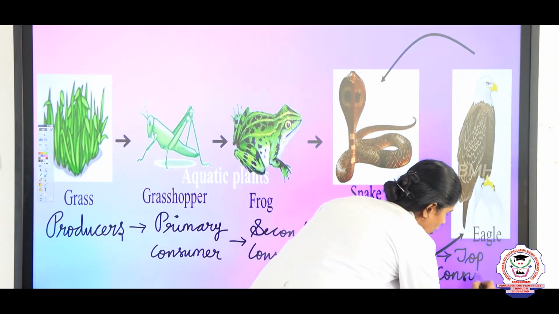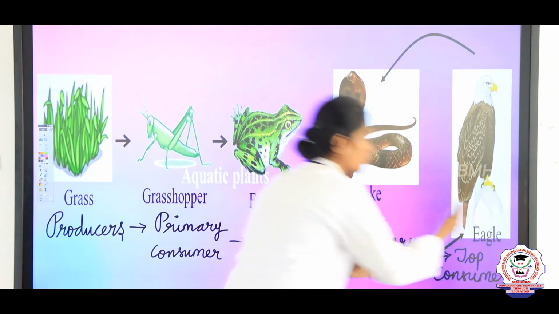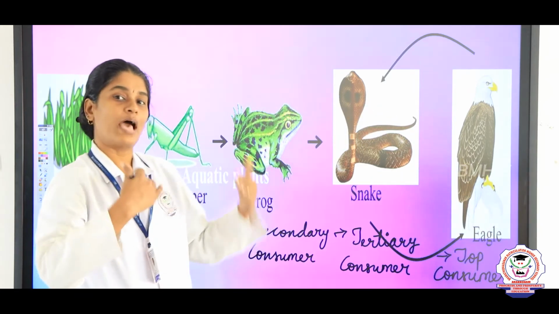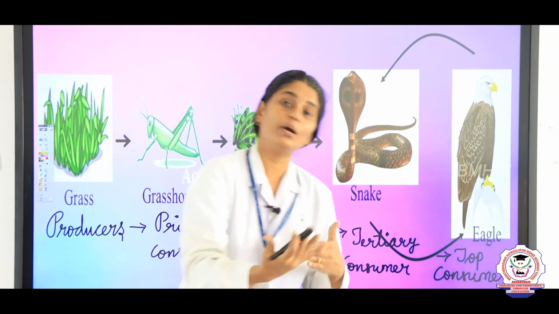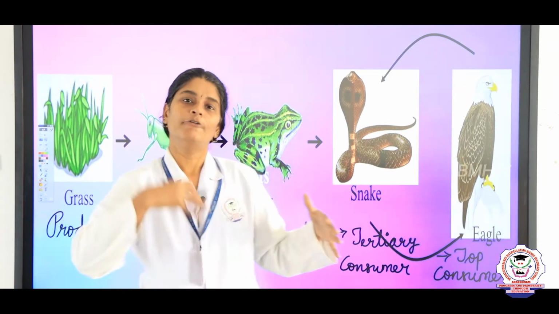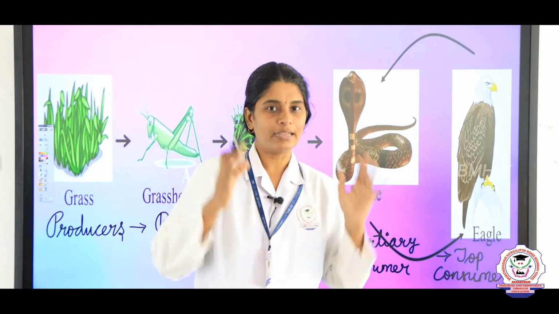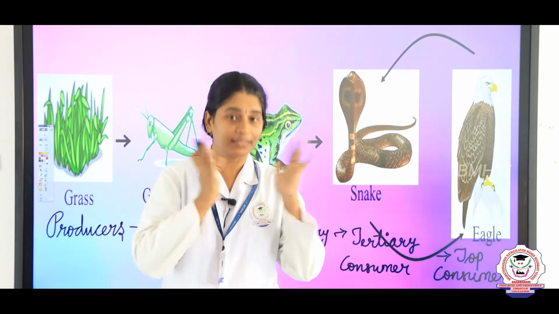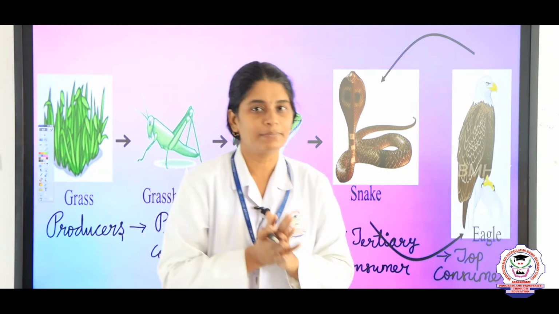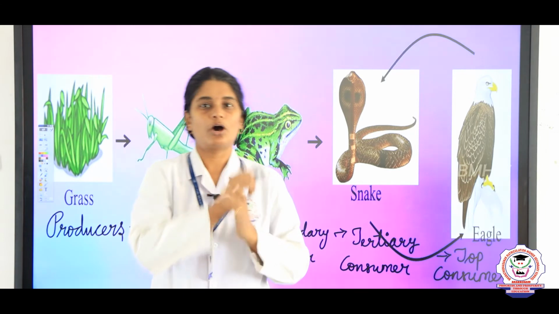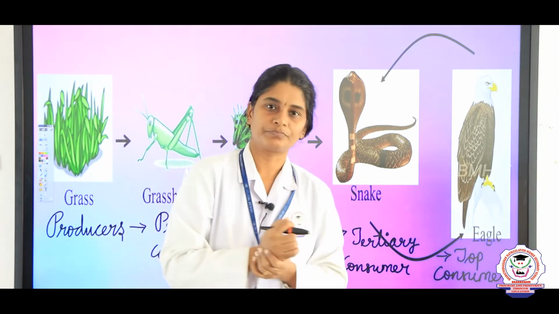Why it is called top consumer or top predator? After eagle, no animal is going to hunt the eagle for food, right. Once an animal cannot be hunted by another animal for food, that animal is considered a top carnivore or a top predator, right.